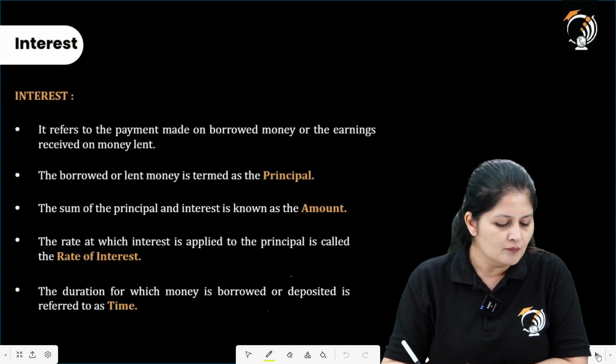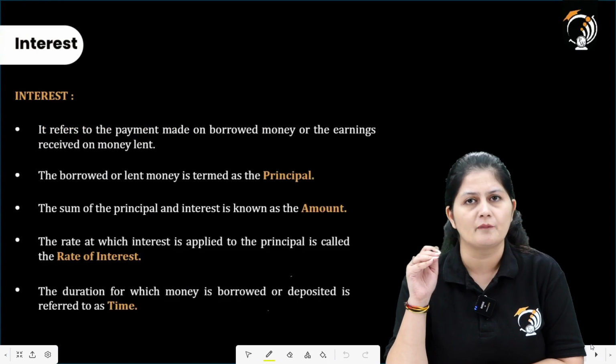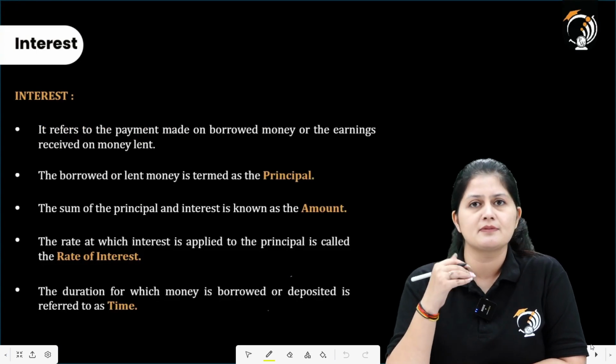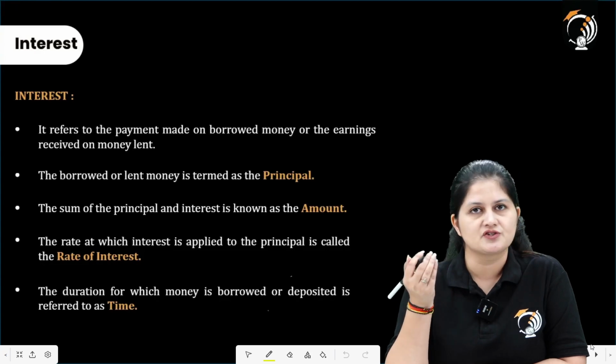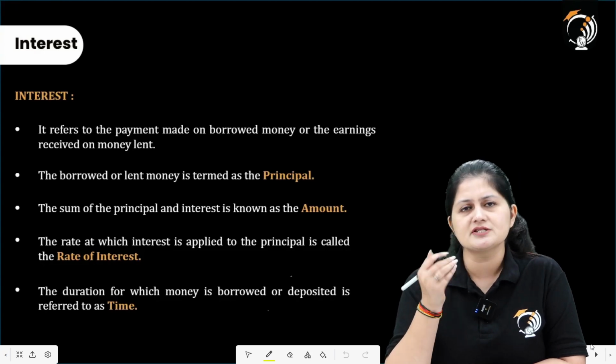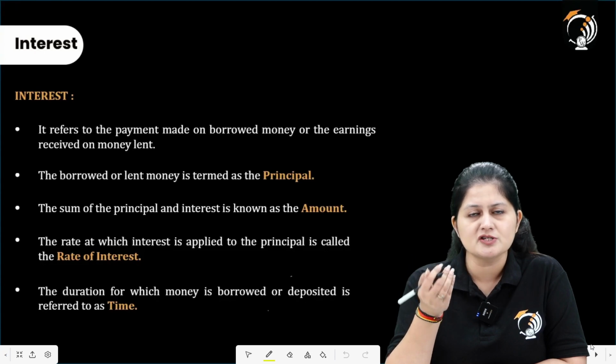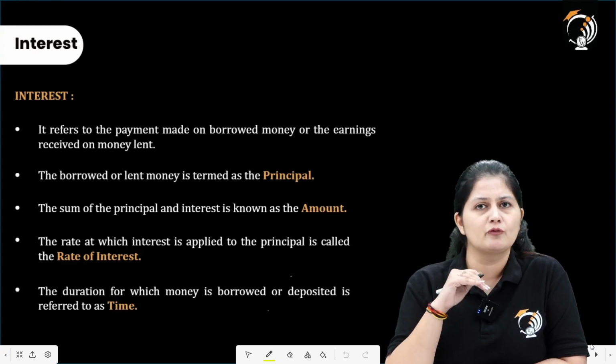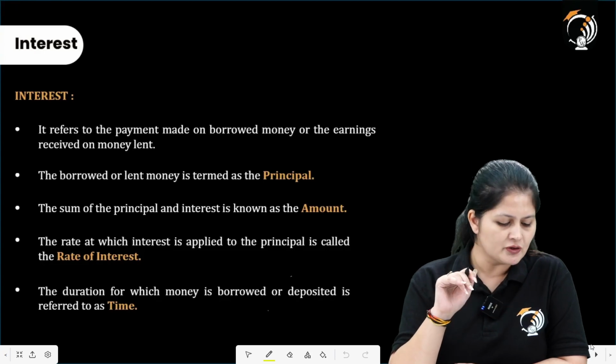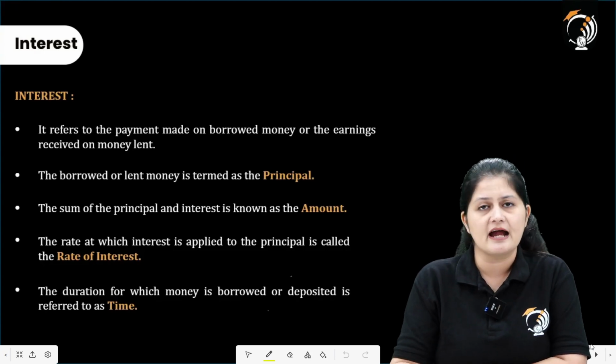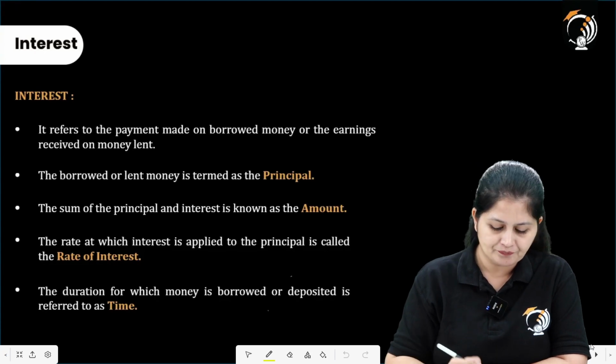Understood? Now moving forward to the next important topic, from where you get maximum questions in your paper, which is interest. The question can be on simple interest or compound interest, but almost every paper will have a question related to interest. First, let's understand what interest refers to.